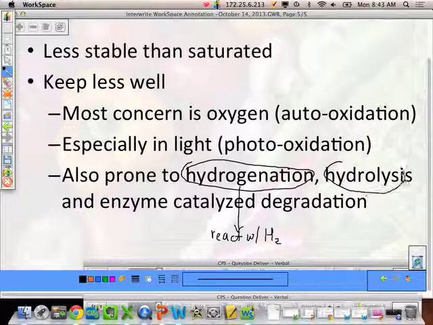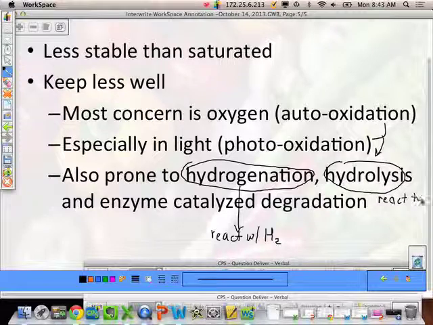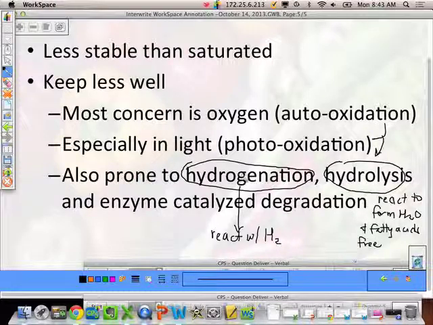Okay, hydrolysis is this reaction with water, and they react to form free fatty acids. That's where we get those icky smells and tastes.